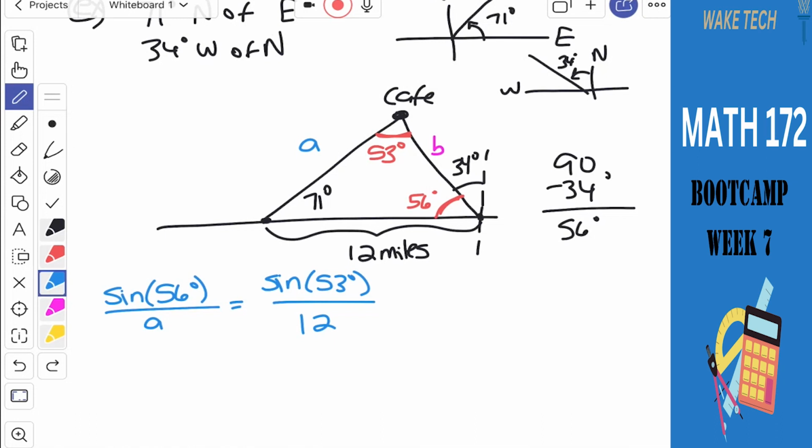Before we solve it, any thoughts on the value of side A? Any general thoughts about the size it should be? Is 10 miles reasonable? Is 13 miles reasonable? Is 25 miles reasonable? Having some idea in mind might be helpful.